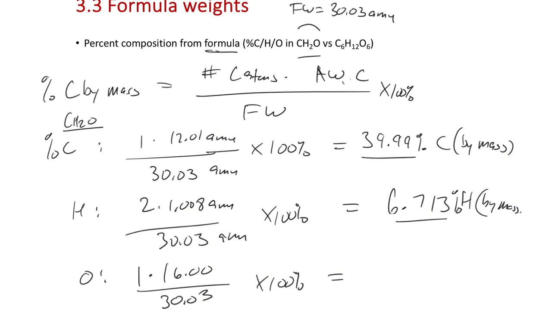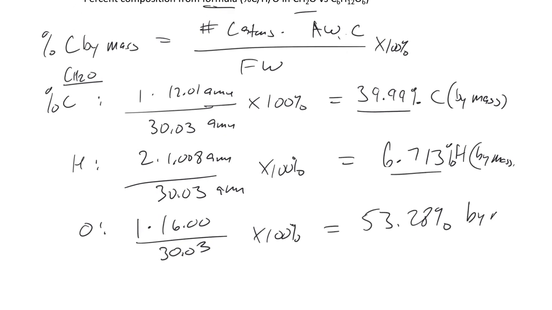We get percent O, so 53.28%. And just to do the simple, obvious task of making sure these add up to 100, 99.98. So within some small rounding, we're getting 100% here.